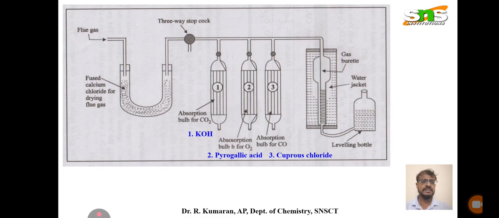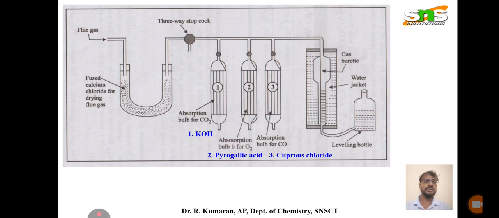After the KOH absorption of CO2 is done, it is allowed to pass through pyrogallic acid. It is a phenol type material, and pyrogallic acid absorbs oxygen.